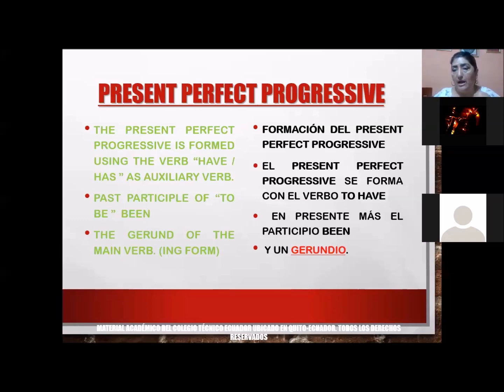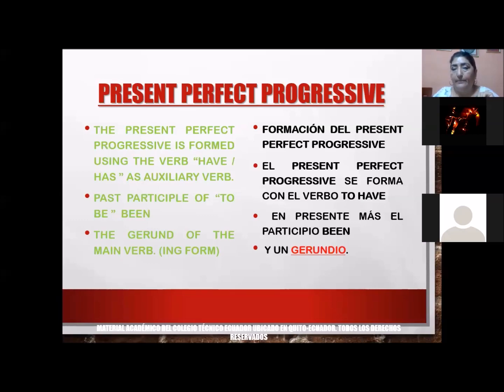In Spanish, have or has, of course, mean tener, but that is when they are simple verbs. In this perfect progressive tense, have and has mean haber, haber hecho algo, okay?